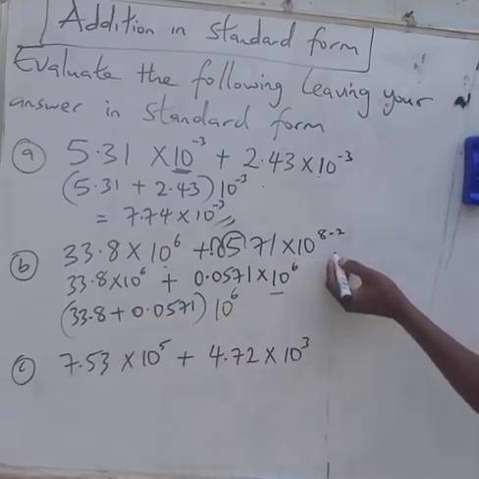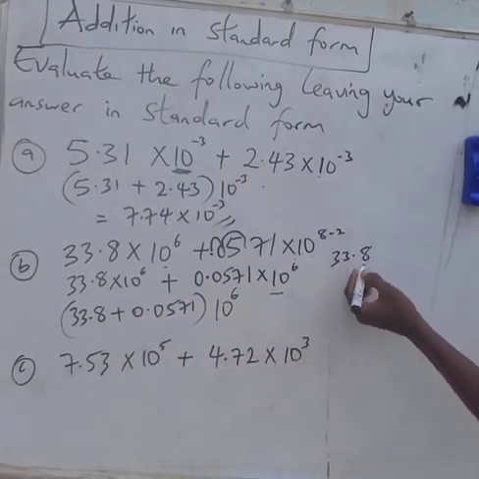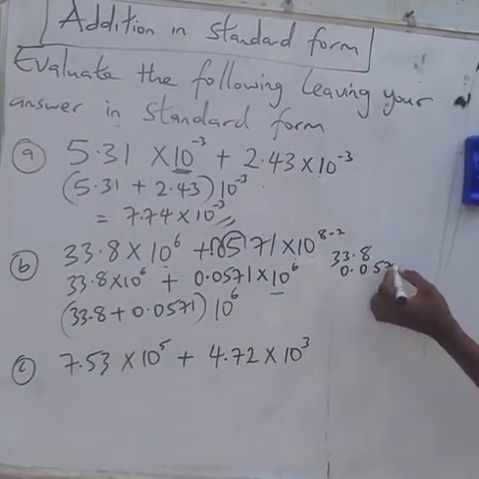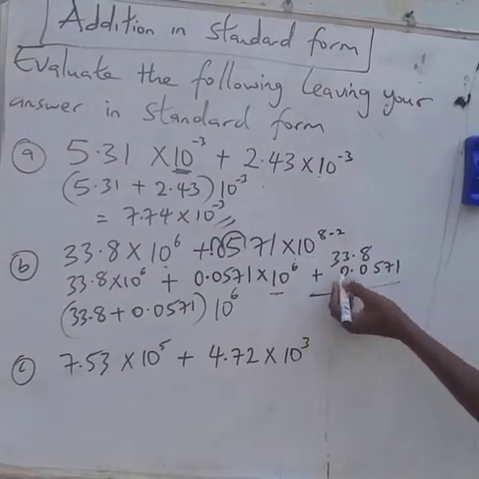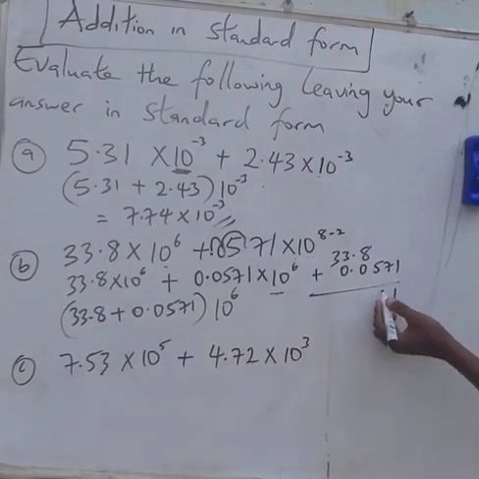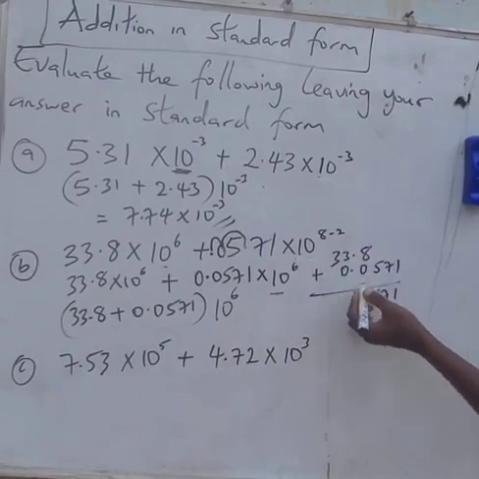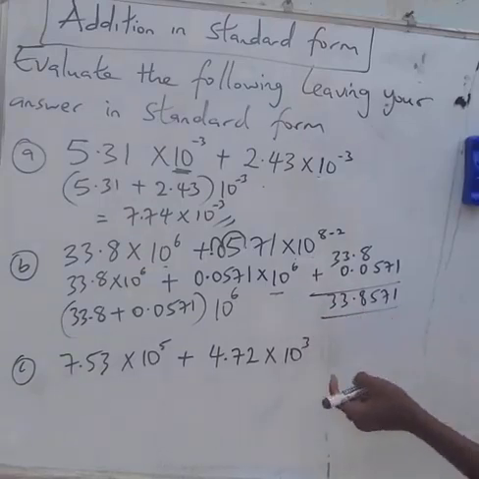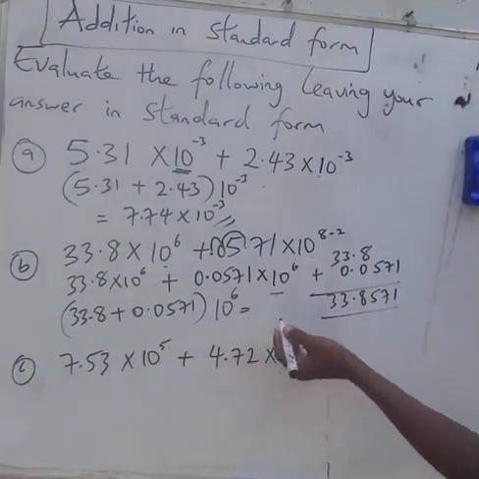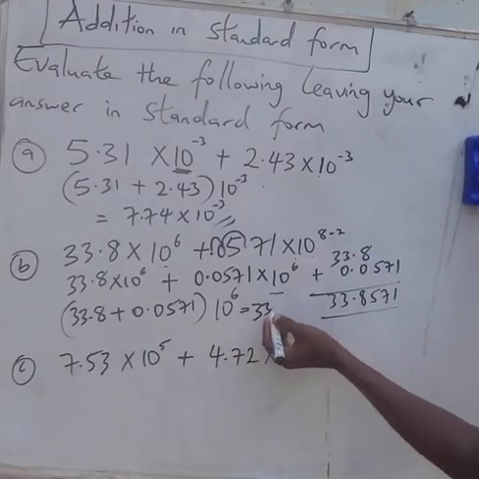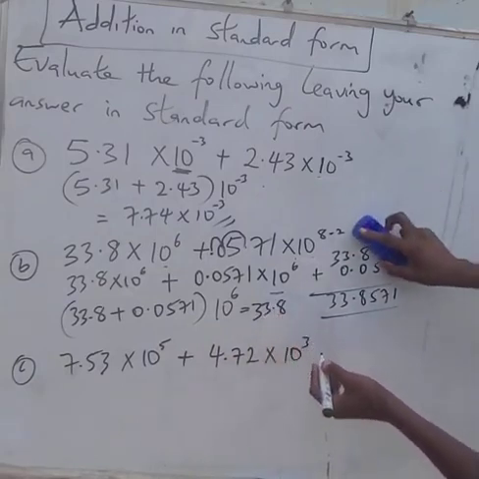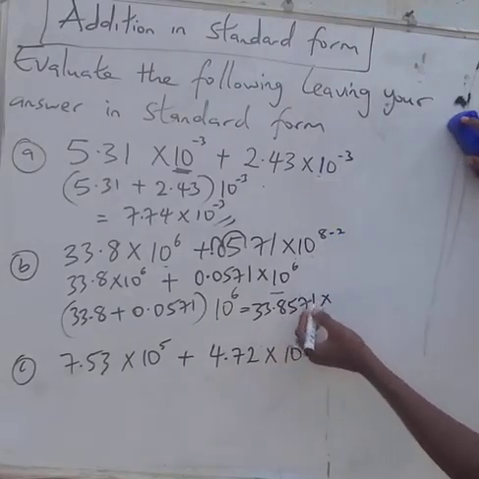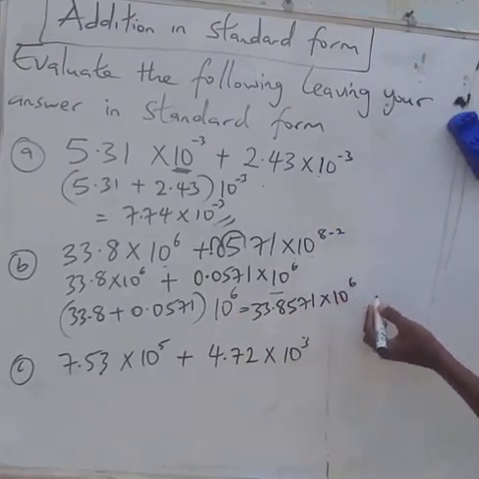You write 33.8, then you write 0.0571. When you add, you bring down your 1, bring down 7, bring down 5, bring down 8, then the point, bring down 3, bring down 3. So this is equal to 33.8571 times 10 raised to the power 6.